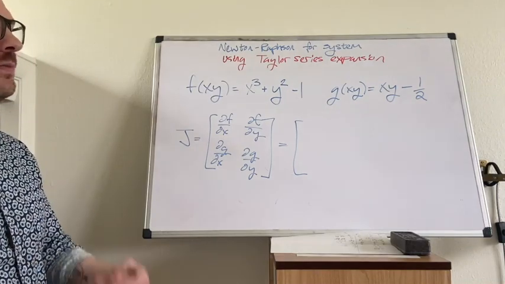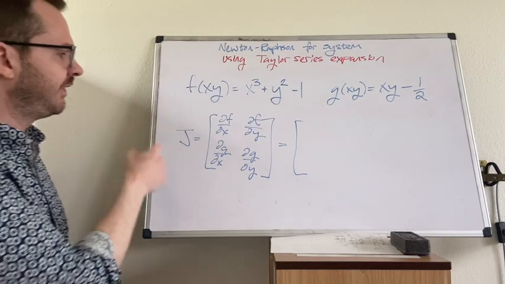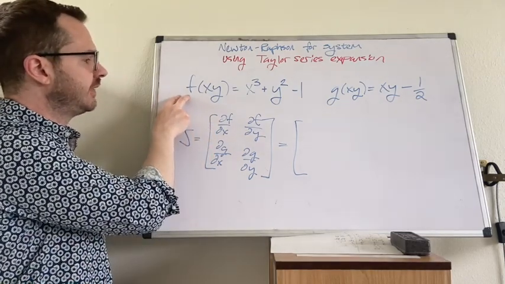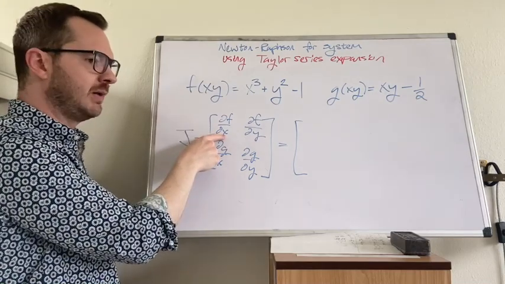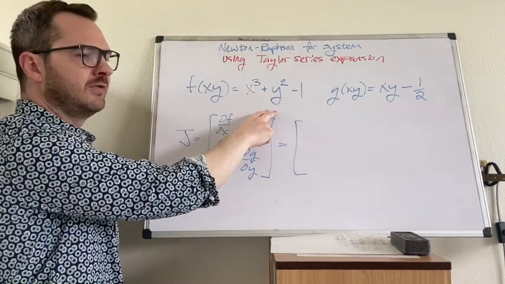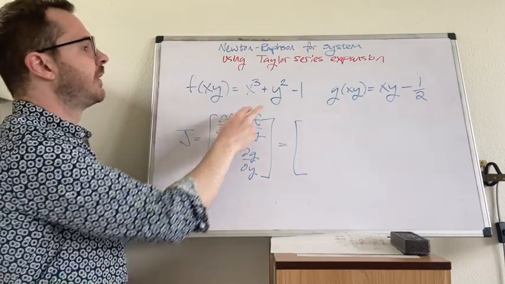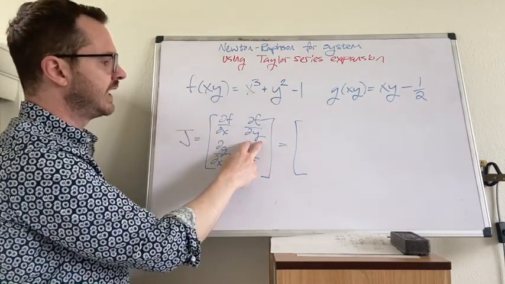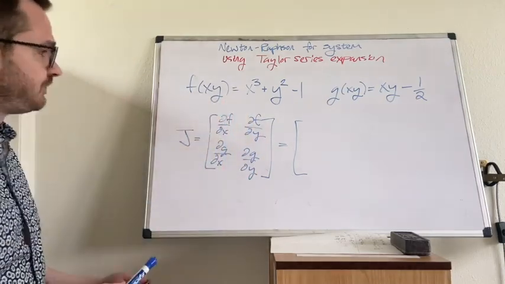Again, if you're not really familiar with partial derivatives, if I say partial of f with respect to x, that means take the function f and take the derivative of it with respect to this variable x and then hold everything else constant. So we know, for example, that y is a variable. When I'm doing partial f with respect to x, I'm going to treat y as if it's constant. When I get to here and do partial f, partial y, I'm going to treat x like it's a constant.